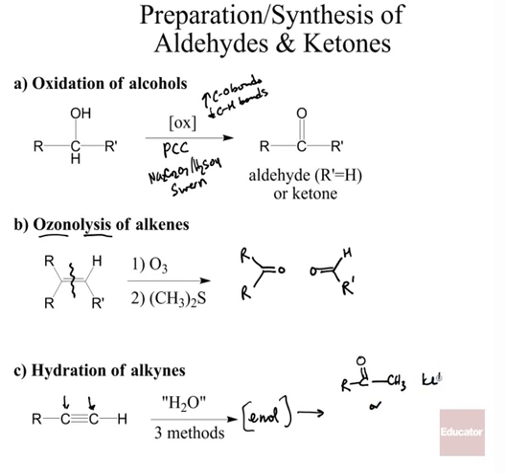In other words, we could get a ketone product here. Or if we did hydroboration oxidation, remember that was anti-Markovnikov addition of water, that would give us a product that has the carbonyl on the end carbon. In other words, we could use that to make an aldehyde. So an alkyne might be a possible starting material that we can convert into a ketone or an aldehyde if we wanted to.